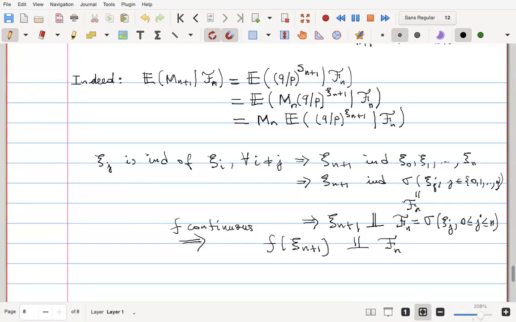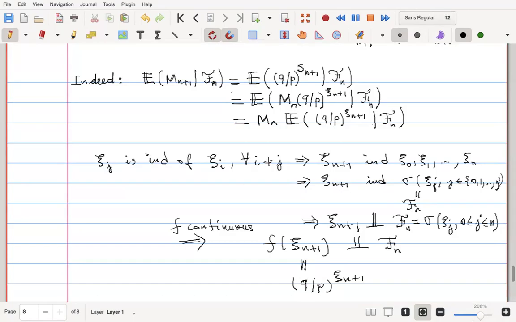Our function here will be an exponential function base q by p, so this is q by p to the psi n plus 1. So this is still independent of that.